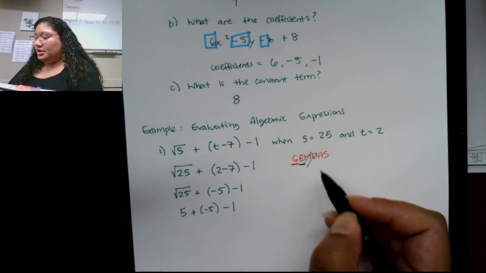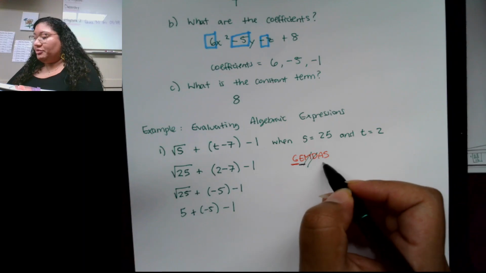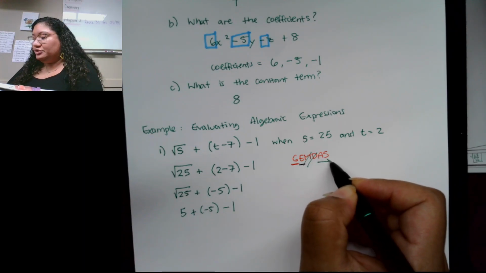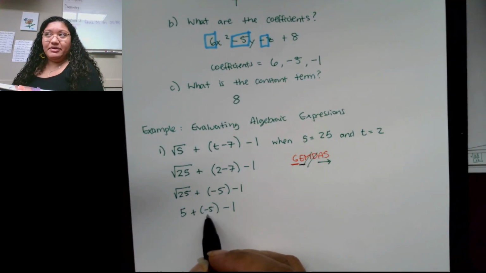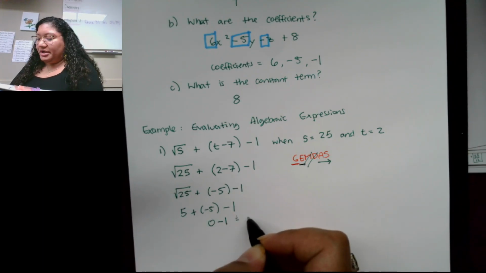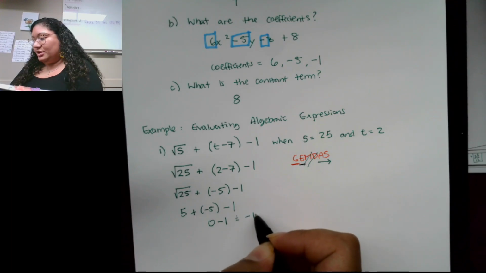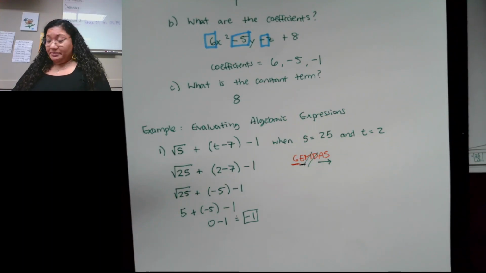No. Do I have addition and subtraction? Yes. Remember, these we always go from left to right. So what's 5 plus negative 5? They're opposite signs, so we subtract. What's 5 minus 5? 0. What's 0 minus 1? Negative 1. Not too bad, right?